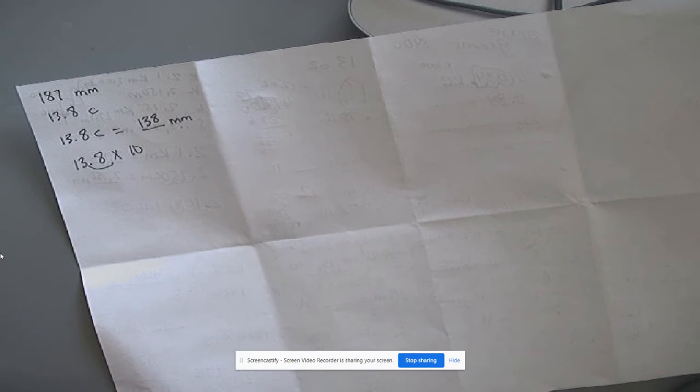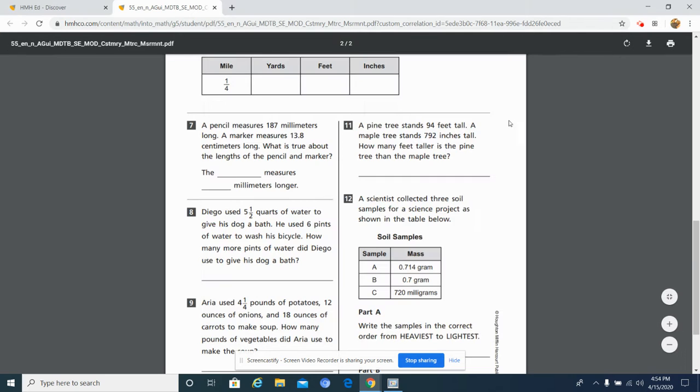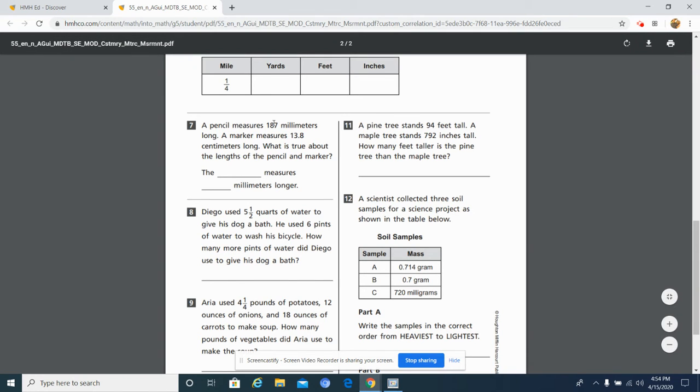But our question asks what was the difference, right? So let's go back here again. It says the millimeters longer. So we got to say who is longer? Well, we know that the marker is 138 millimeters and the pencil. So the pencil measures this much longer. So we've got to go figure that out.